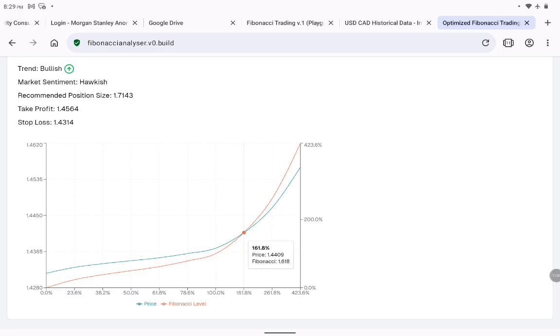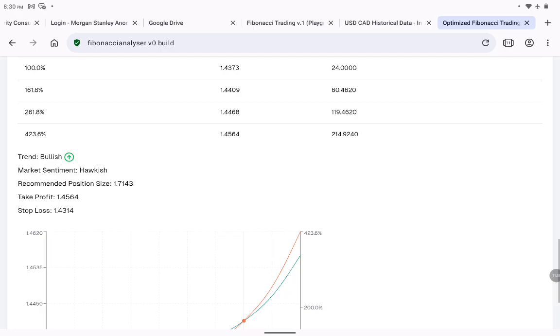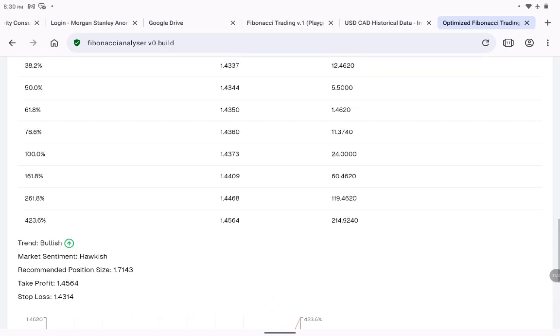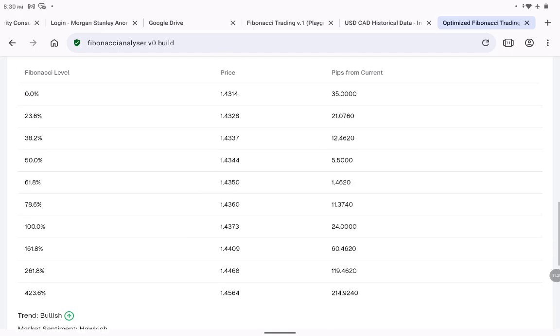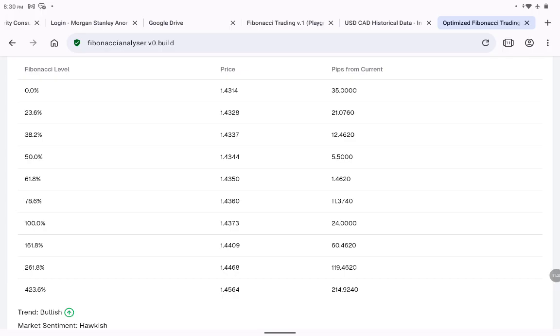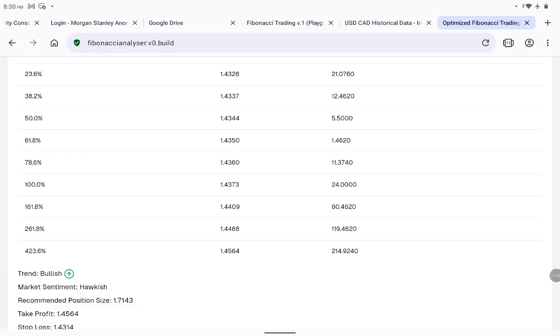So for me, as someone who has been trading and understands how trading works, obviously it's a bullish run. So what I'm looking at is from 78.6 down to 423.6. These are the numbers I'll be focusing on. I'm not looking at anything above, right?